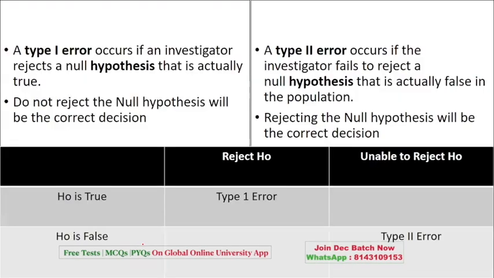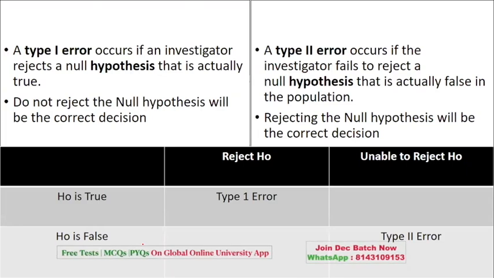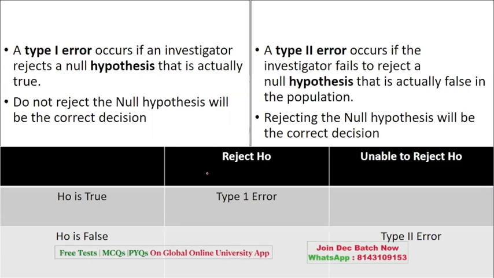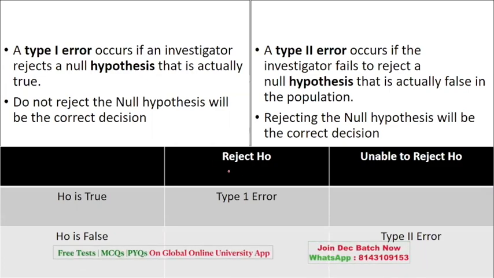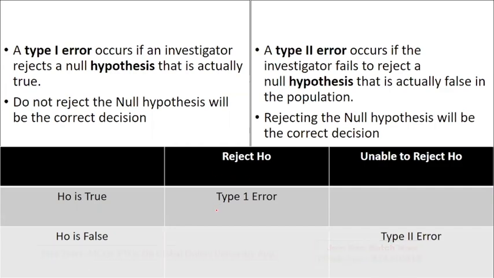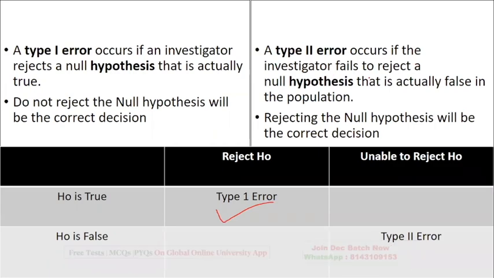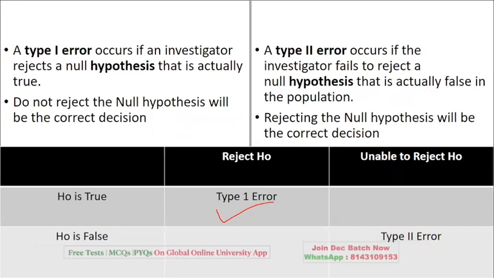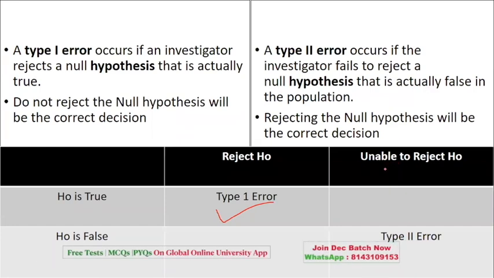Now comes, yes, there is one concept in the 2019 paper, the concept of type 1 and type 2 error, which has been seen. So type 1 error occurs when you reject your null hypothesis. You're not supposed to reject, but you have rejected. So it means you have made an error. Type 2 error occurs when the investigator fails to reject a null hypothesis and accepts it.